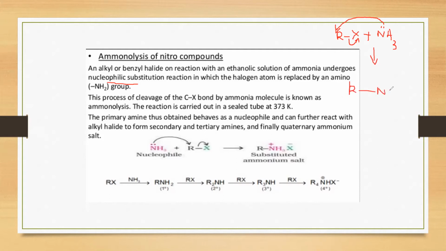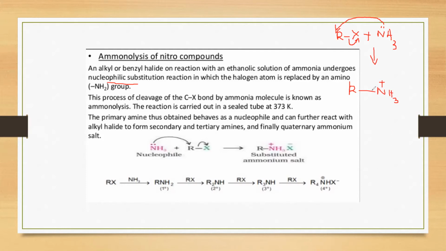RNH3 plus. Why is it NH3 plus? Because nitrogen utilized that lone pair of electrons for bonding with R. It's like a coordinate bond, where that covalent bond is formed by electrons from only the nitrogen atom. Even though they're sharing the electrons, the two electrons of that covalent bond are given only by the nitrogen atom.